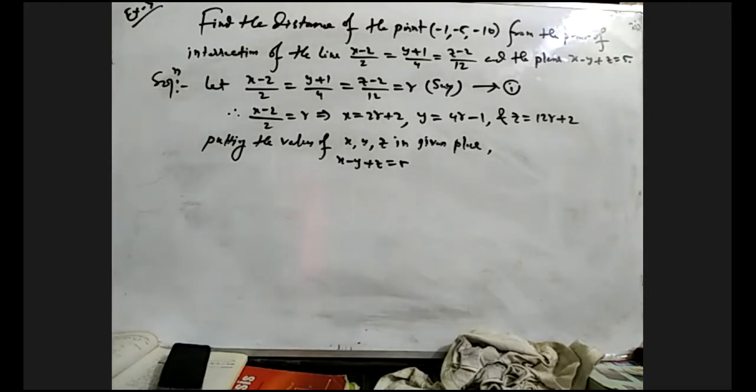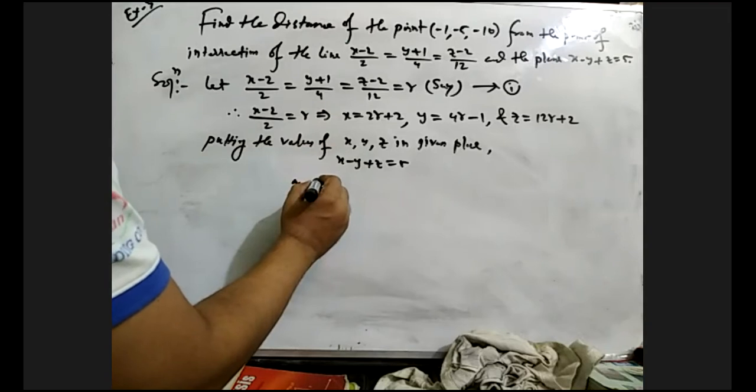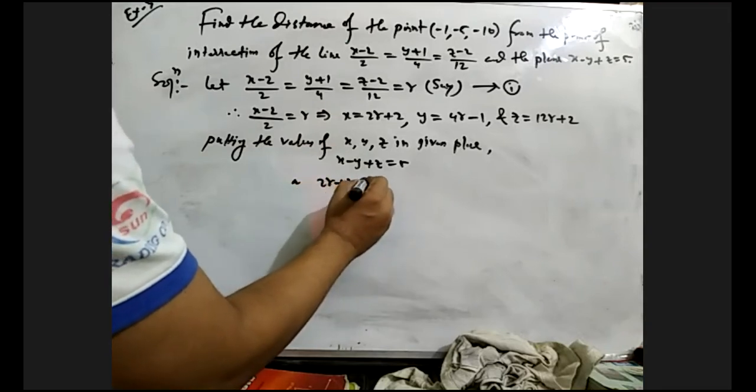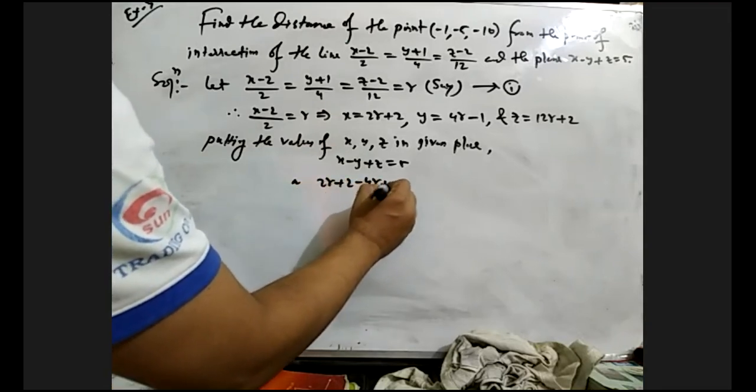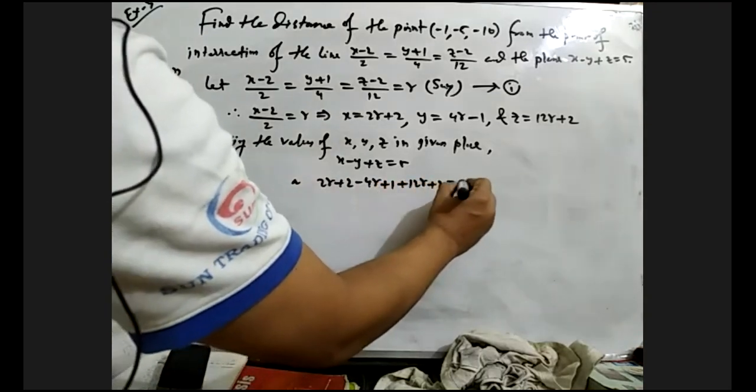So just putting these values, we get x equals twice r plus 2 minus 4r plus 1 plus 12r plus 2 equals 5.